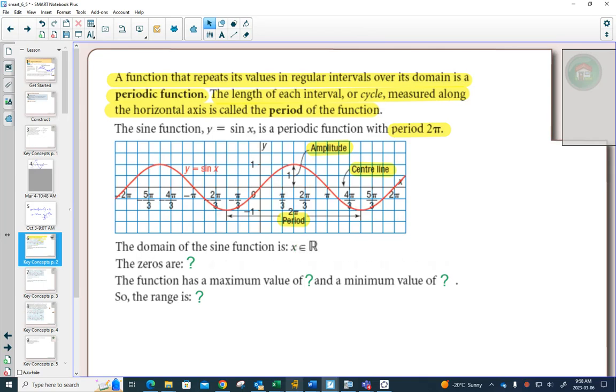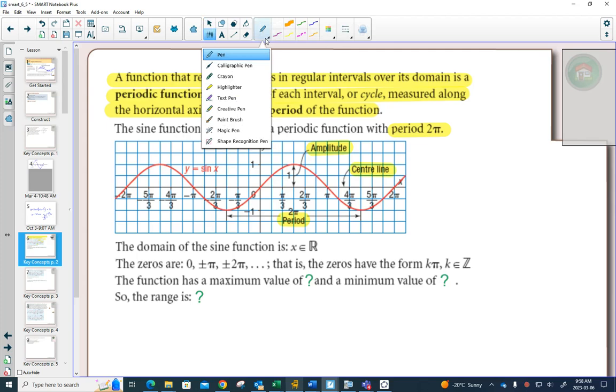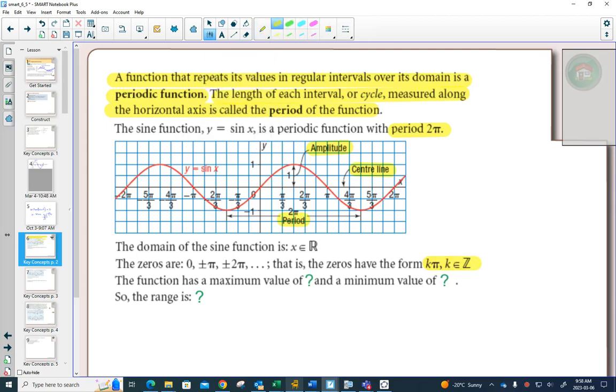The zeros, okay? If we started listing them, maybe we'll do this off to the side just to think about it a little bit. The zeros are where you have x-intercepts. You have one at 0, you have one at pi, at 2 pi, 3 pi, 4 pi, also in the negative direction, negative pi, negative 2 pi, and so on.